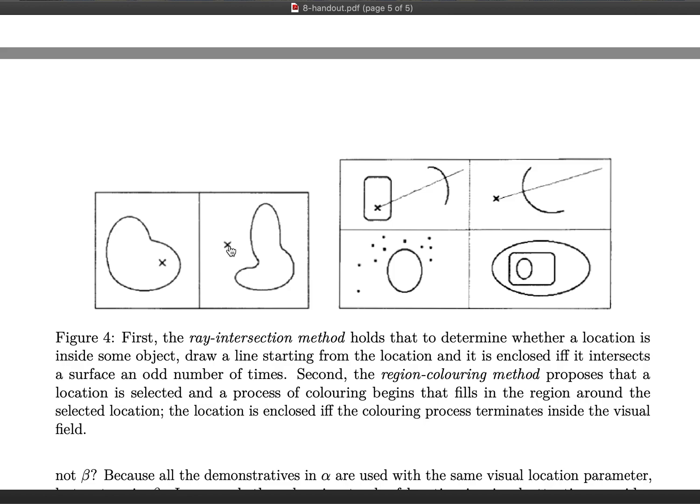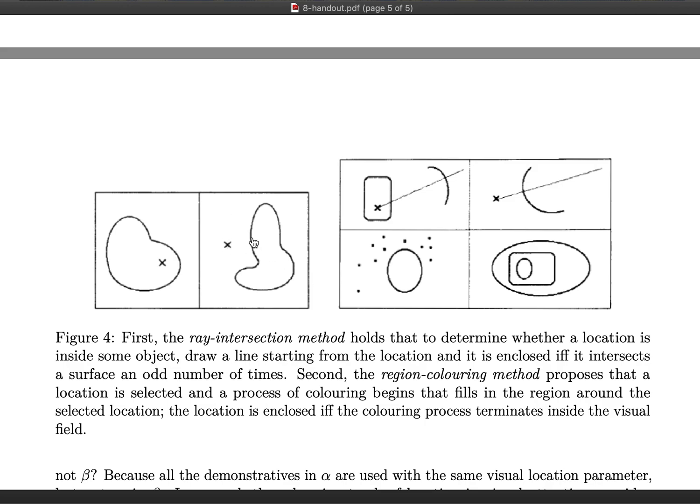Now we're wondering if this location is enclosed or not. So we start, and then we draw a line. Now we notice that the line that we've drawn actually intersects a surface 2 times. So it intersects here and then again here. And 2 is not an odd number, it is an even number.